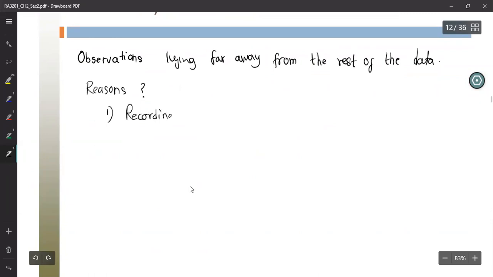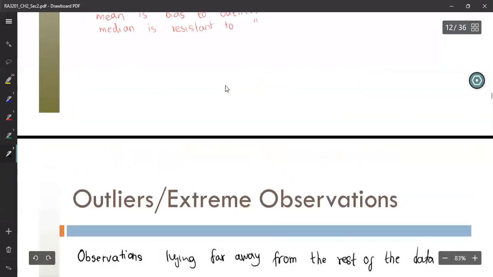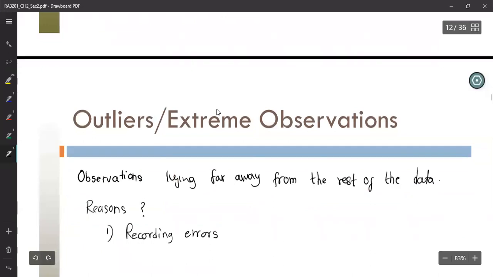One person gathers the data, another person does the recording. When you analyze the data, you do not know whether that is the exact observation or an error. If it is a recording error, you can correct it. But sometimes outliers are the exact extreme observations.